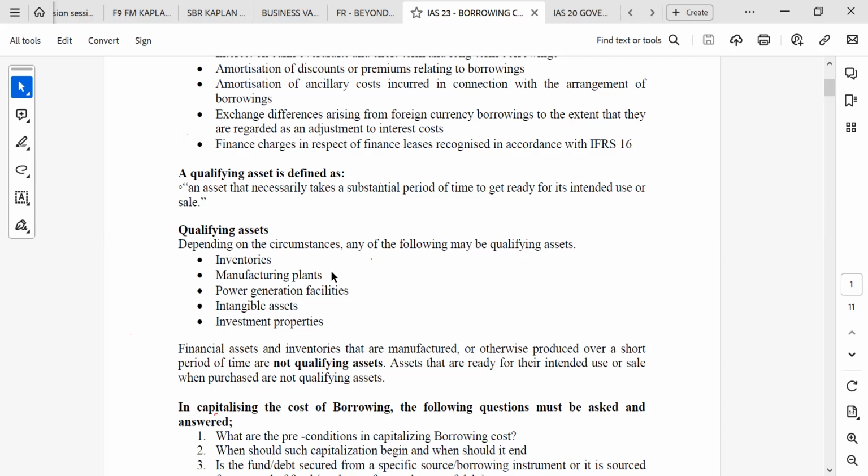We can also be constructing a building or a plant that we have the intention of giving out to people for rentals. So we can also construct an investment asset. It depends on the purpose for the construction of the asset. It can be for our own use, it can be for rentals, it can also be for sale.